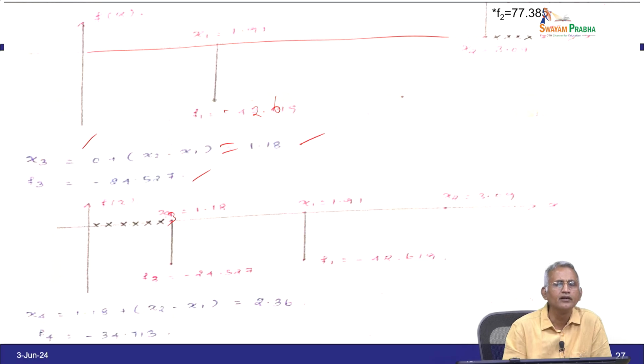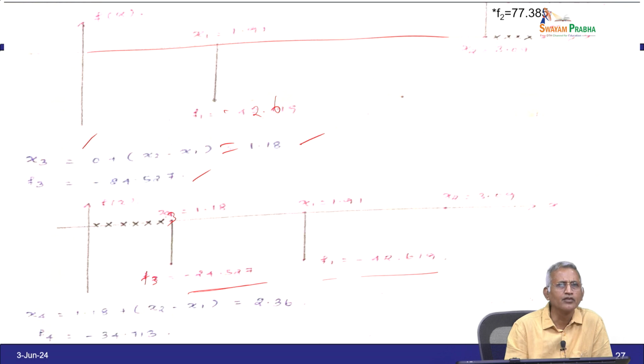We have f3 equal to minus 24.527, f1 equal to minus 42.619, now compare these two. f1 is lesser than f3 and then the corresponding interval we have to omit is 0 to x3.